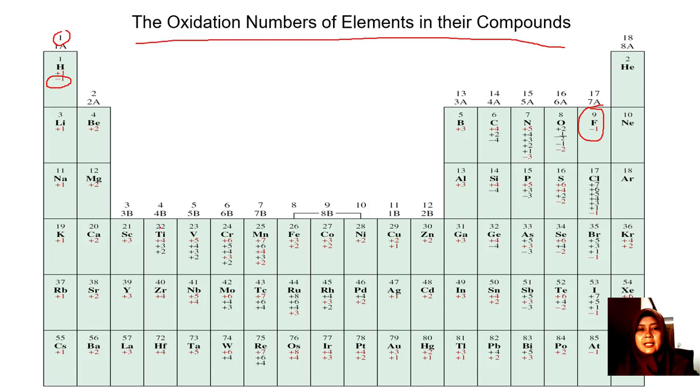As you can see, the B group elements may have more than one oxidation number. That's why when we find the oxidation number in a molecule, we identify it by following the rules before, such as carbon. We can see here that it may have +4, +2, or even -4, depending on the molecule.